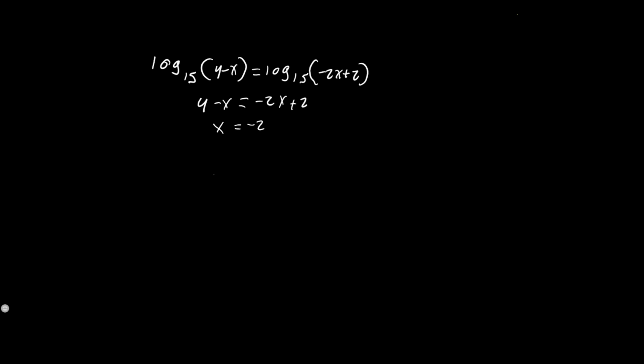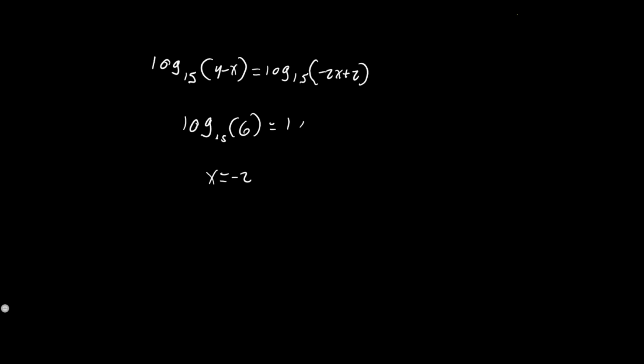So here, now we have an equation where we could solve and get a real value from. So we get log 15 of, and we saw that x was equal to negative 2. So 4 minus negative 2 is 4 plus 2, which is positive 6.